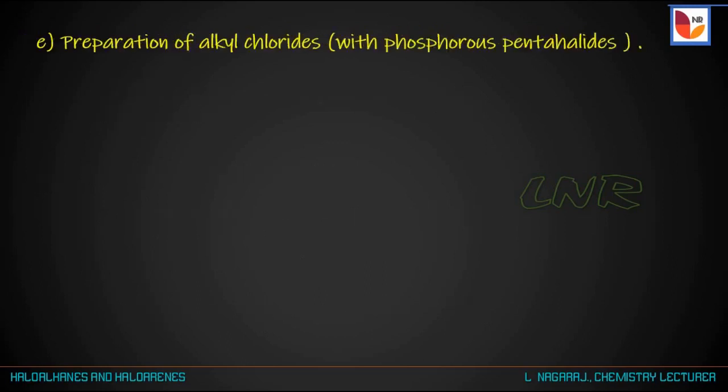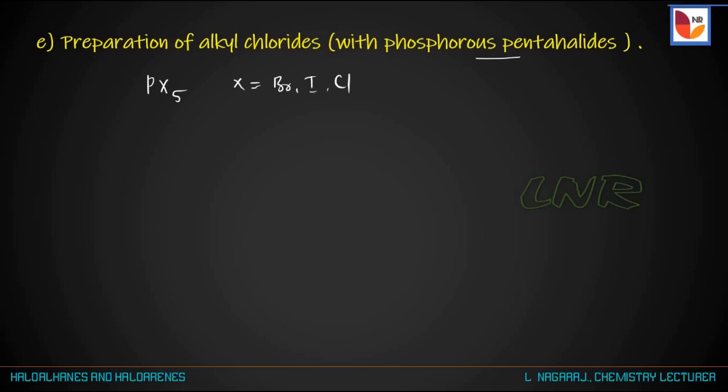And next, preparation of alkyl halide from the alcohol by using phosphorus pentahalides. Phosphorus pentahalides means it contains 5 halogen atoms. Here X is either Br or iodine or Cl.